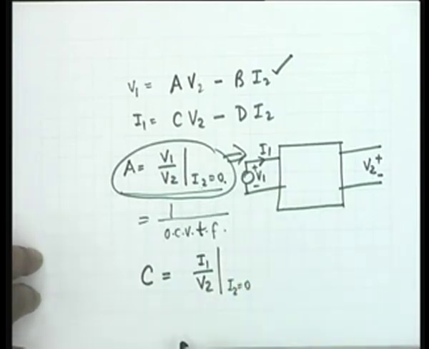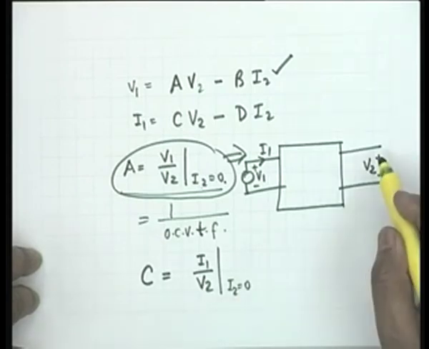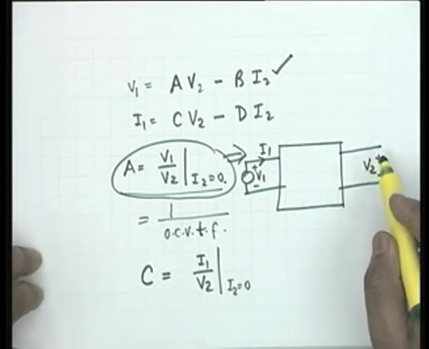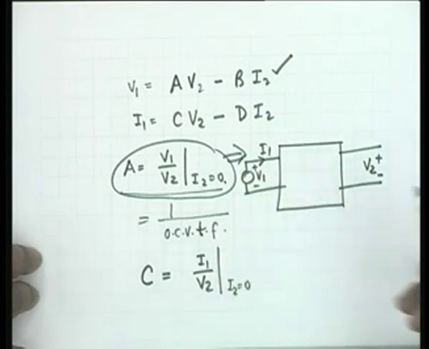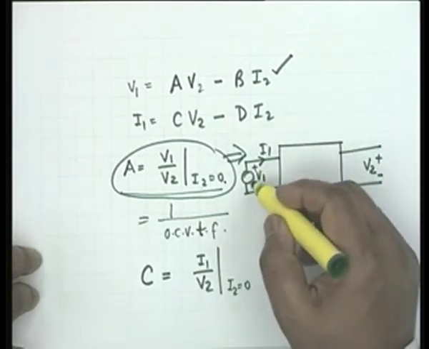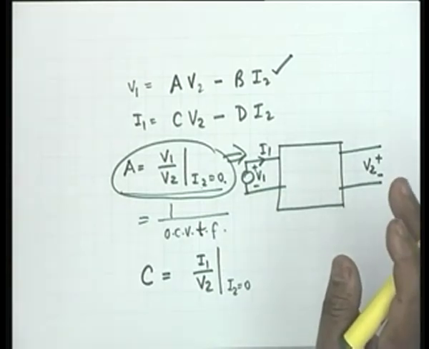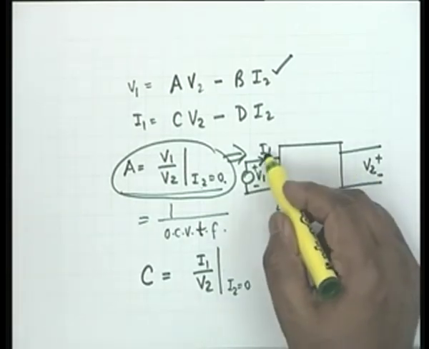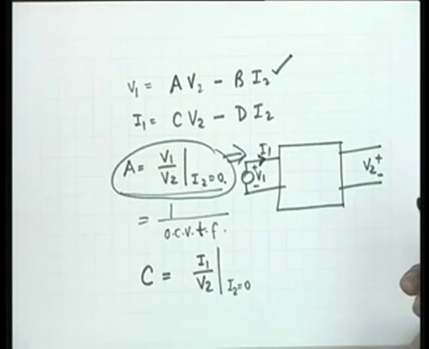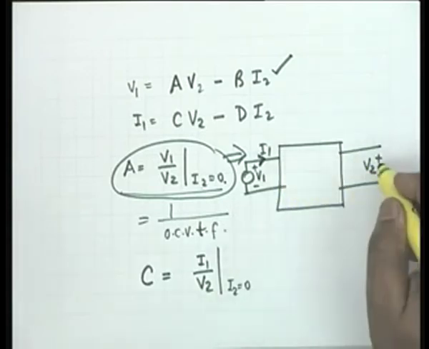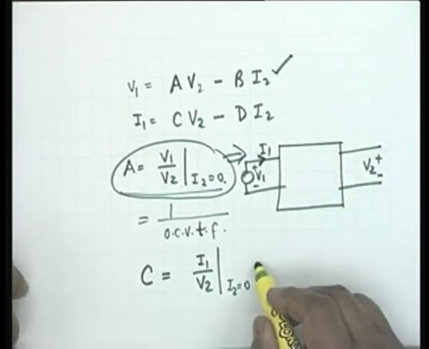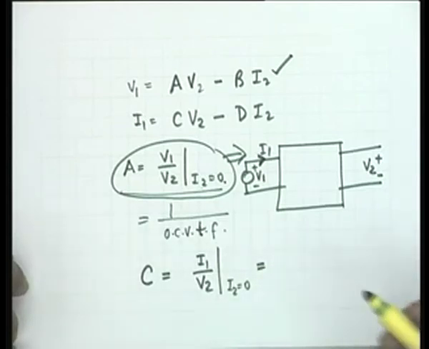Once again my response shall be V2, because I2 equal to 0, but this time the excitation is I1, the current. So we will connect a current generator here, or we can also connect a voltage generator, that is not a problem. What you have to find out is I1 and V2 and this ratio.